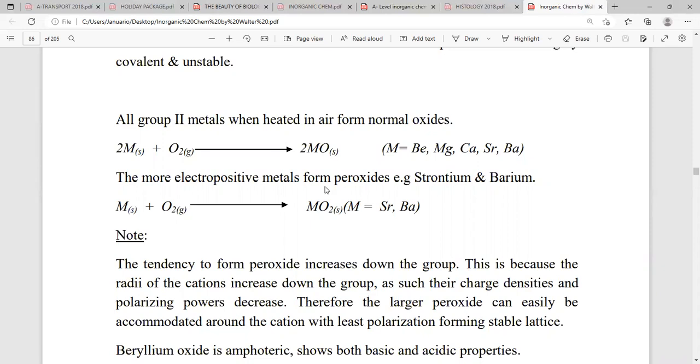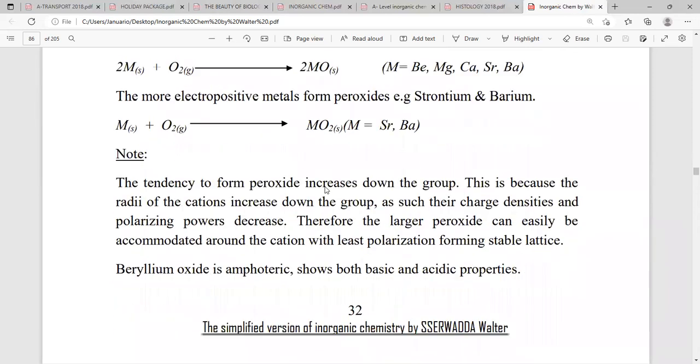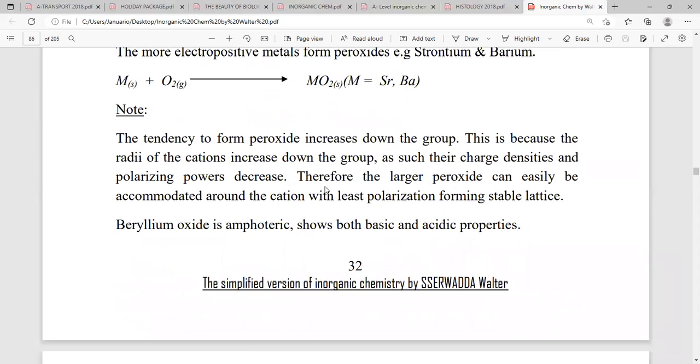We are saying that the tendency to form peroxides increases down the group. It is because as the radii of the cation increase down the group, their charge densities and polarizing powers decrease. And once the charge density and polarizing power decrease, the larger peroxide can easily be accommodated around the cation, forming a stable lattice, with least polarization.